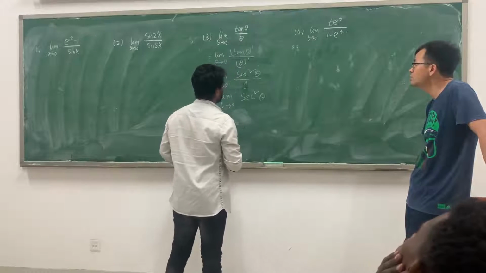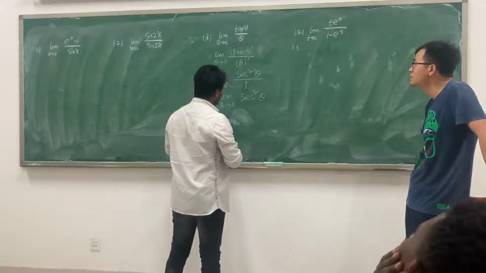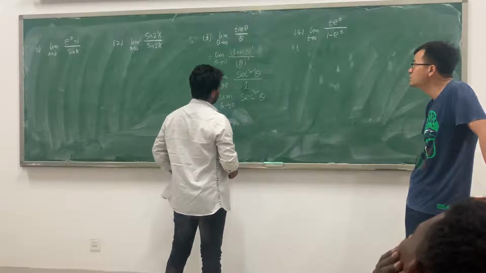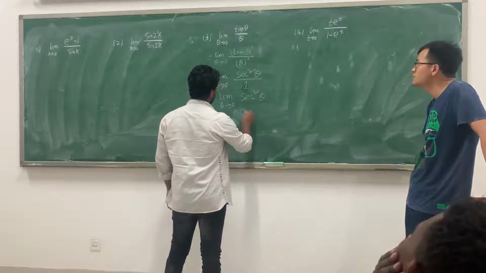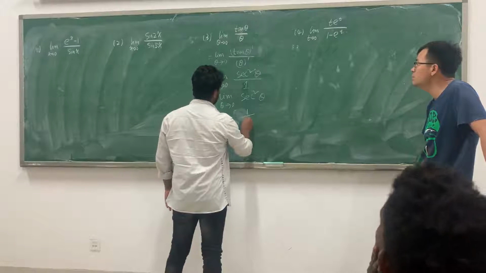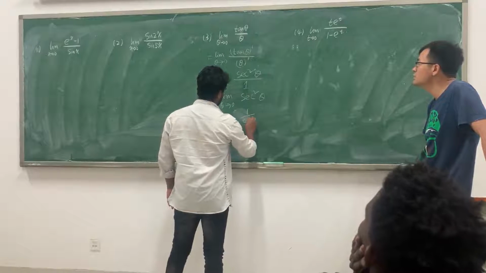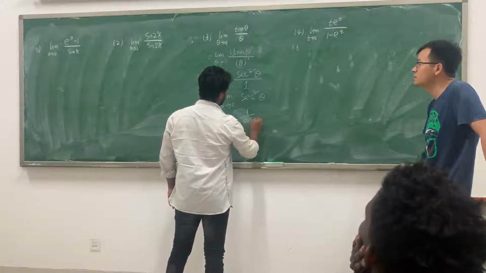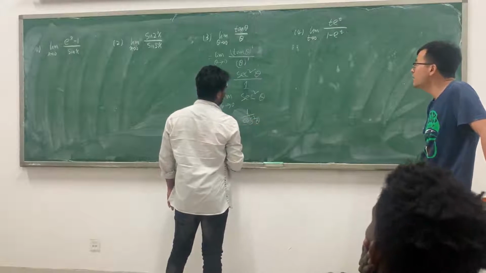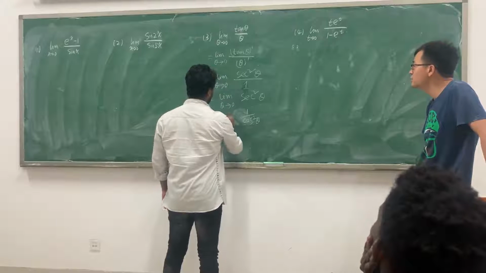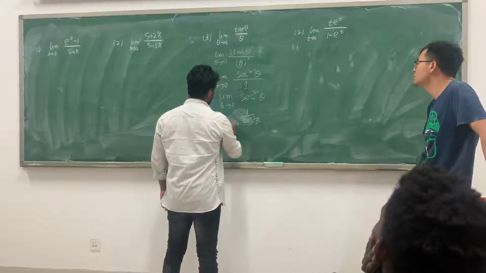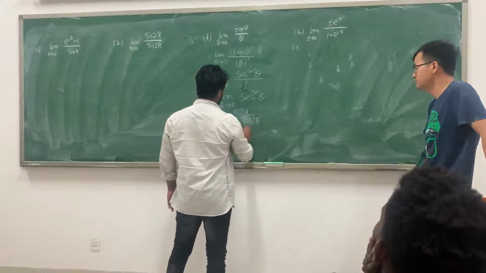So here, secant theta equal to 1 by cosine. So this is equal to what? 0. 1 over 1.